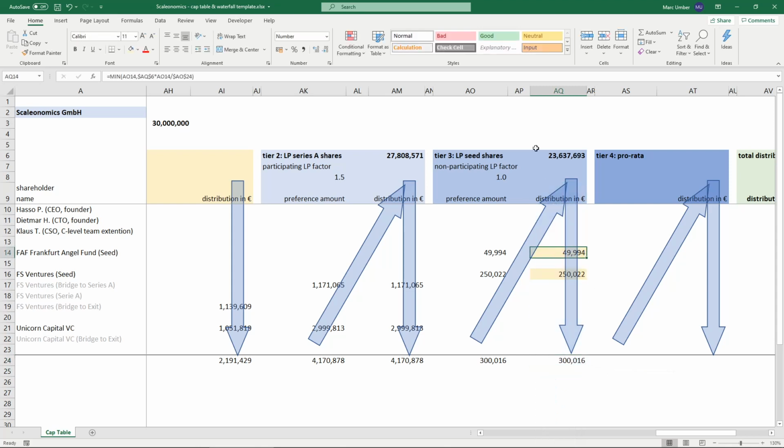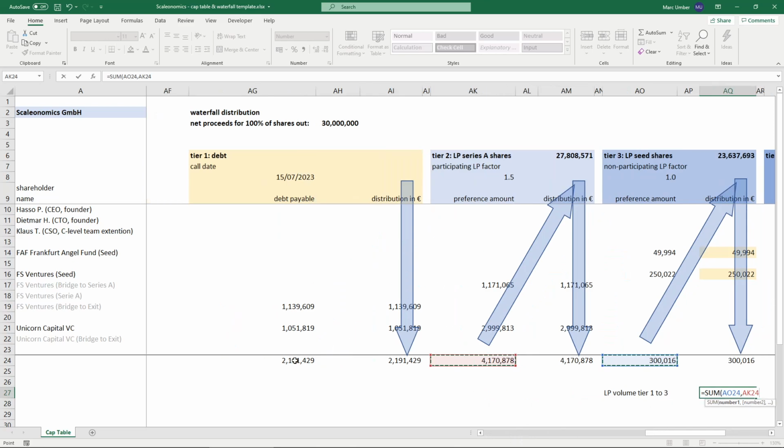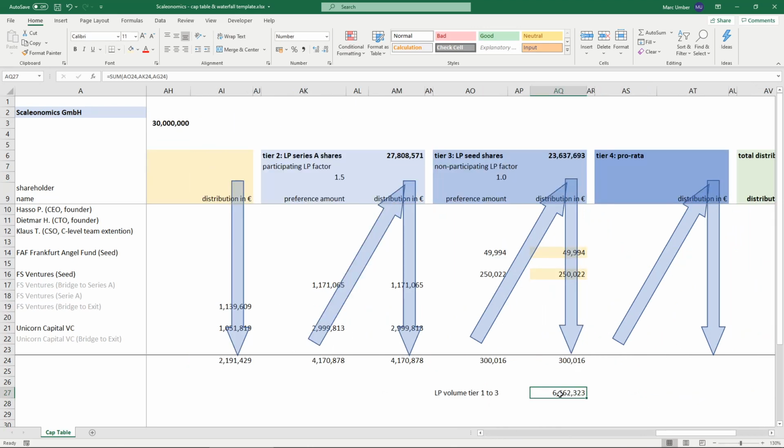Okay, again, the next step should be to test our formula. So as a first step, we want to see how much LP volume is in tier 1 to 3, which is the sum of 300,000, 4.1 million, 2.19 million, which is 6.6 million euros.